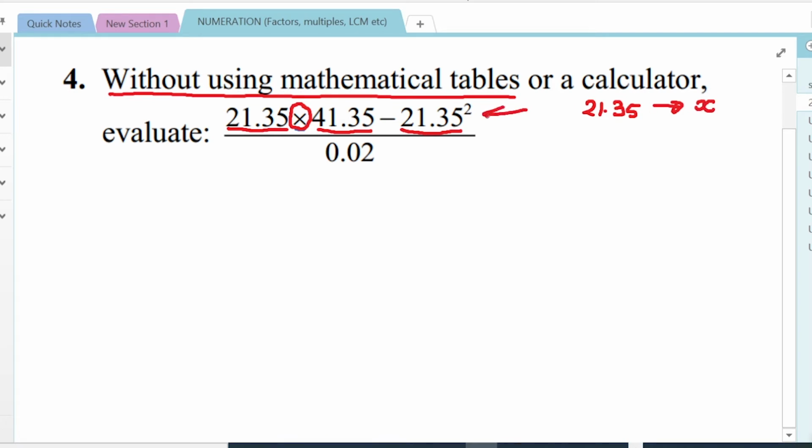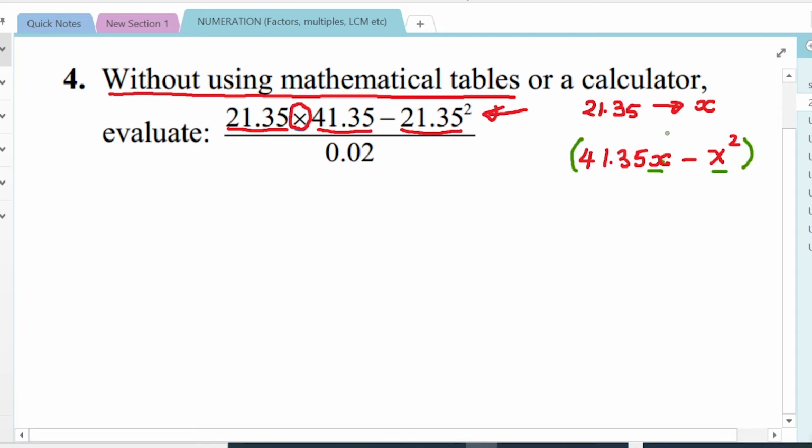So in other words, this would look like 41.35x minus x squared. Are you seeing that we have an x here and an x squared here? So if we are to factorize this, we see that we have x as a common factor, so we put x outside the brackets, and this becomes x times 41.35 minus x.